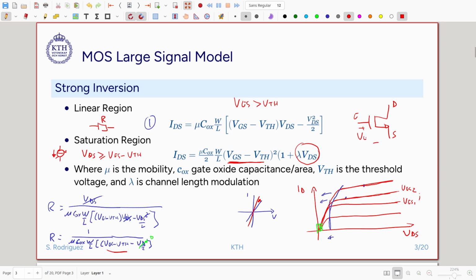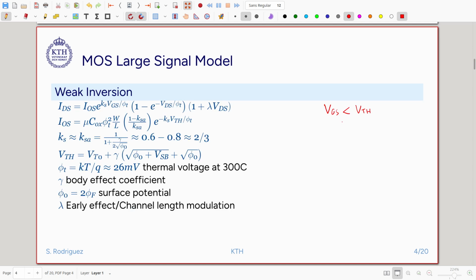Sometimes we say that the transistor is on in this state, but actually VGS doesn't need to be higher than VTH for the transistor to conduct. So the transistor is actually already conducting current under VTH. There will be some current flowing, much smaller than the current that flows in strong inversion, but there will already be some current flowing here, even though it is under the threshold.